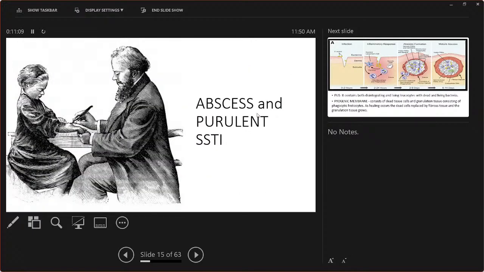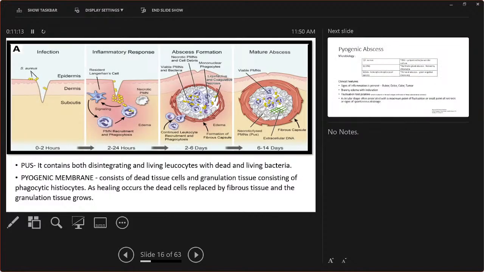Next is abscess and purulent skin and soft tissue infection. Here is the brief pathogenesis of an abscess. If there's a breach in the epithelium, there's Staph aureus or any suppurative infection. They accumulate and organize in the epidermis and dermis area, recruiting neutrophils.